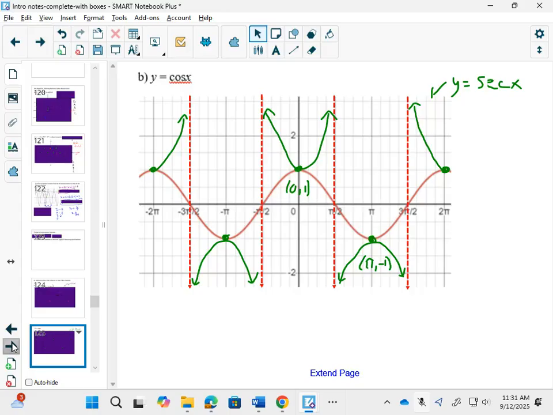And then what makes your cotangent graph a little bit interesting?